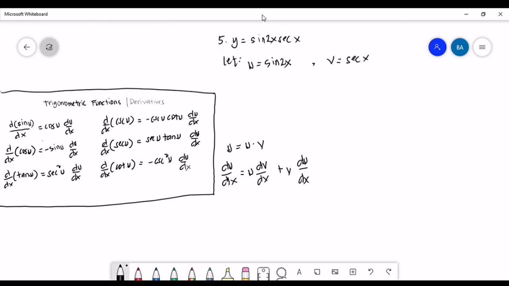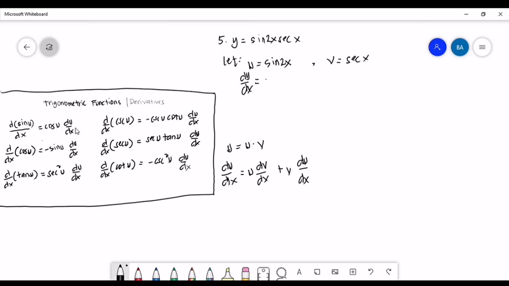By using our first equation, u equals sine 2x, our du dx is equal to the derivative of sine 2x. Let's use this rule: the derivative of sine u with respect to x is equal to cosine u times du dx.